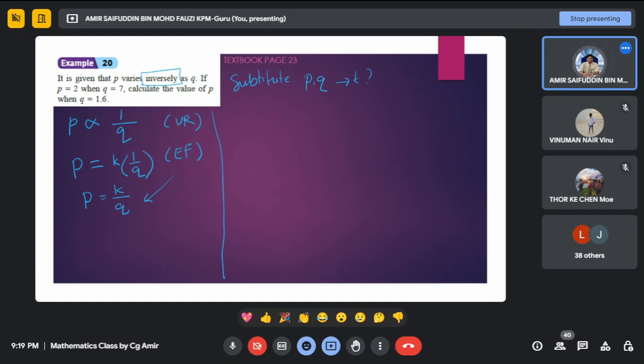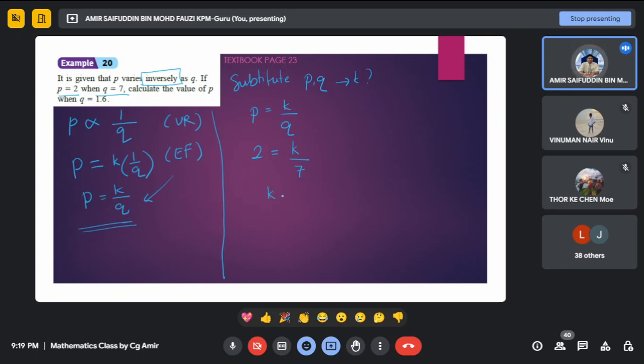If P is 2 when Q is 7, then from this equation form, P equals K over Q, so 2 equals K over 7.